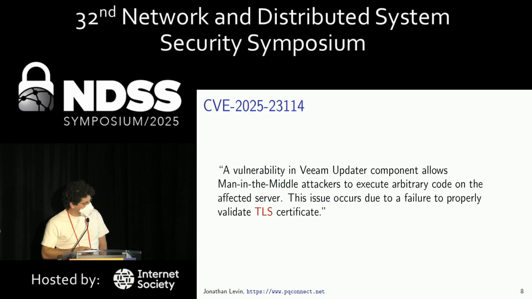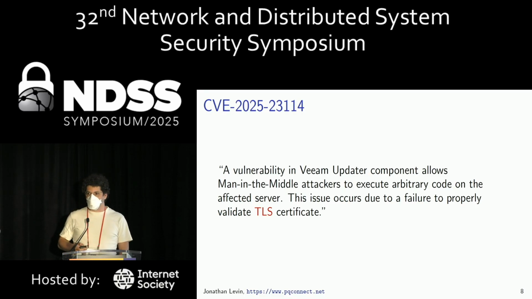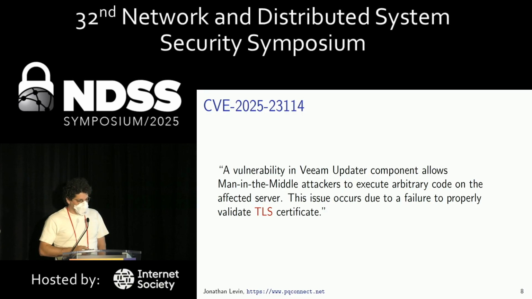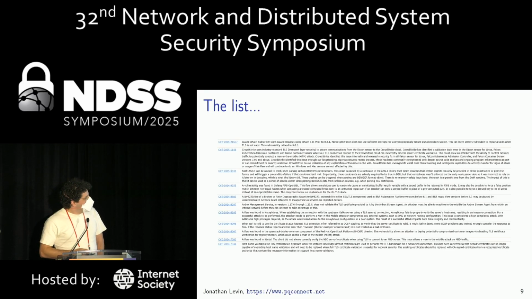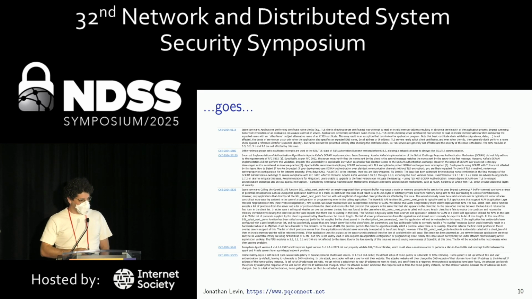Here's another one, also from this year. This is in a different application that I've actually never heard of before, Veeam Updater. But basically, there's a man-in-the-middle attack that's possible because TLS certificates are not properly validated. I just mentioned two of these, but if you look at TLS CVEs, the list is pretty gruesome, actually.